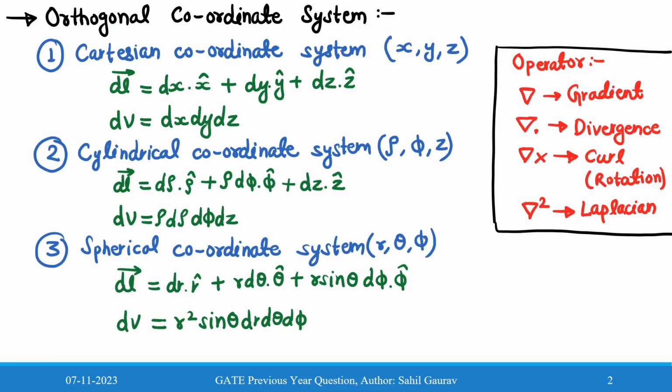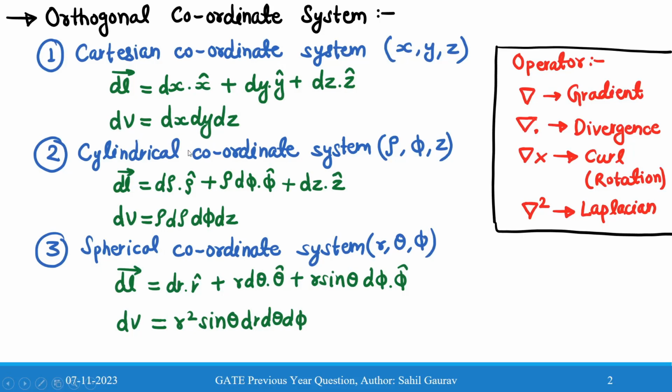As we all know, there are three orthogonal coordinate systems we study in electromagnetic field theory. First is the Cartesian coordinate system having orthogonal axes x, y, z, with infinitesimal distance dl and volume written like this. For the cylindrical coordinate system, having orthogonal axes rho, phi, z, the infinitesimal distance dl and dv are written like this.